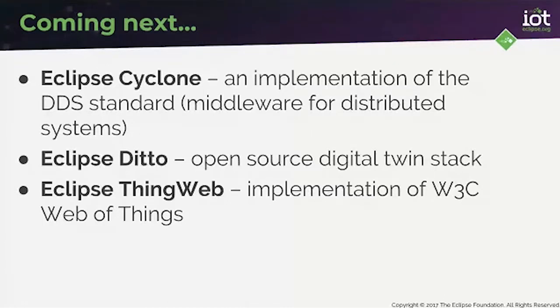We hear a lot about digital twins these days, and you can have a complete open source implementation of digital twin with Ditto. We also have something coming out of the W3C Web of Things work, which is going to be called Eclipse Thingweb. That's also something to look out for.